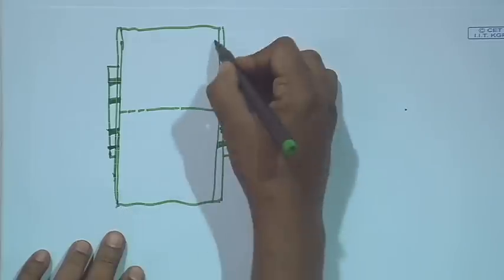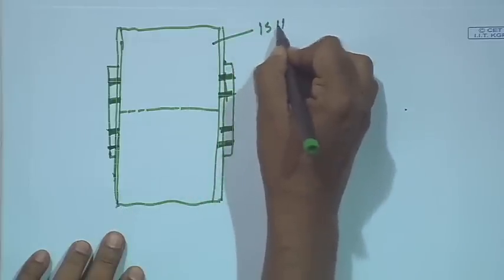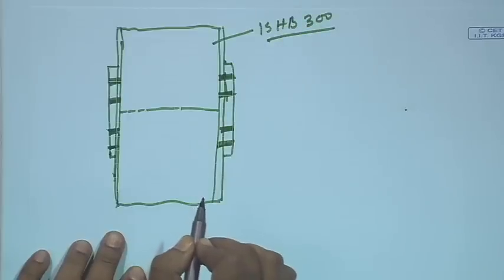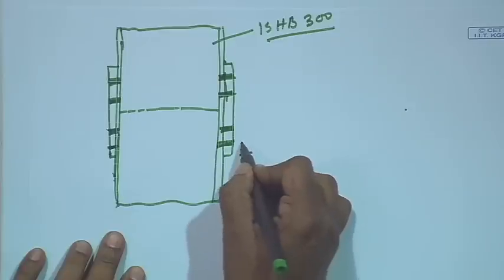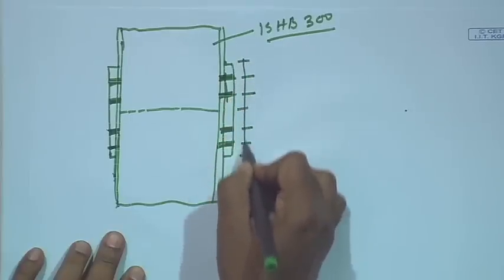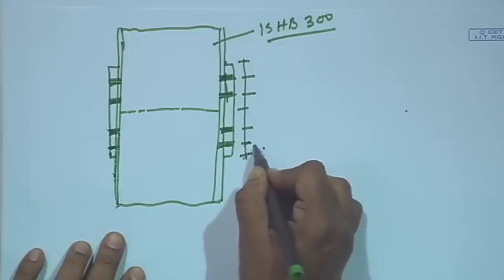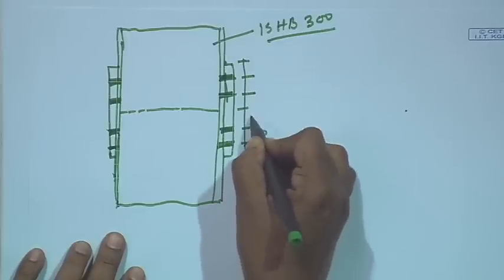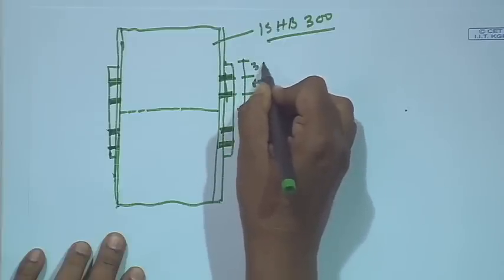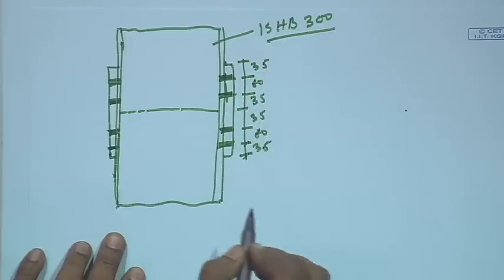This we have done, and this is ISHB 300, and the dimensions will be like this. If we see, it will be 35, then 60, then 35, 35, 60, 35, right.